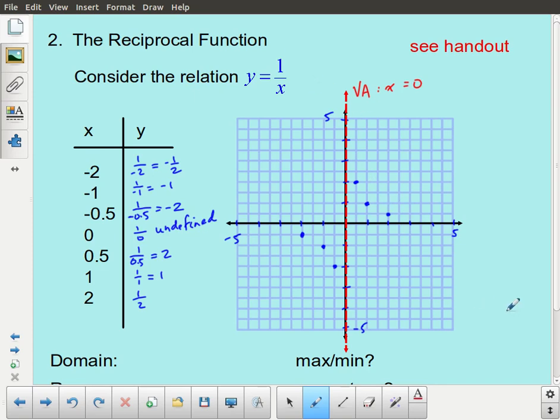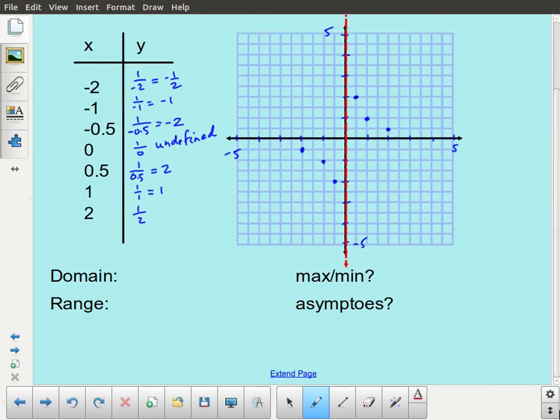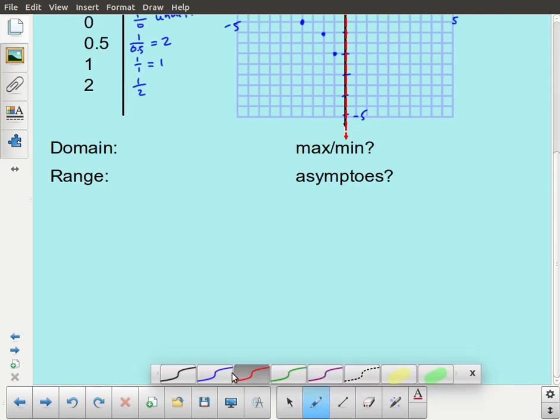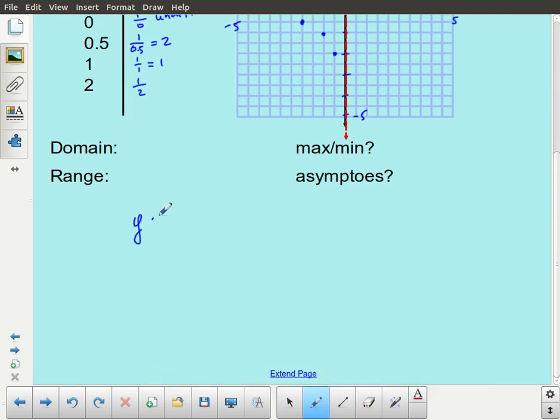Now, there's something else I want to consider, and I need a little bit more room for it, which is, let's go back to the expression y equals 1 over x. If I multiply both sides by x and divide both sides by y, or another way of thinking of this is cross-multiplying, I can turn this expression into x equals 1 over y.